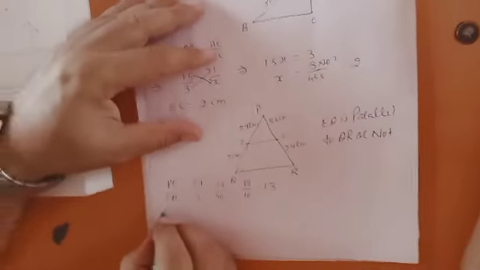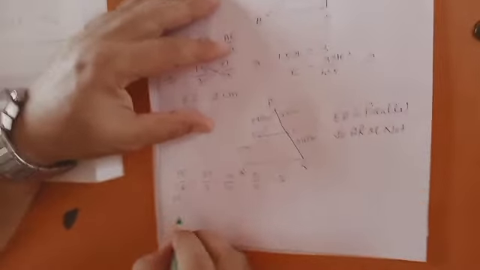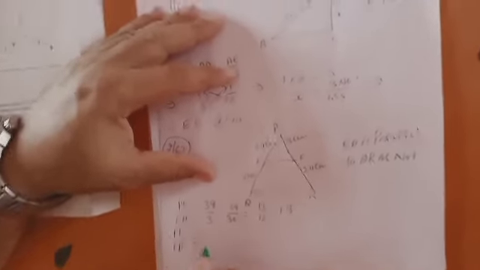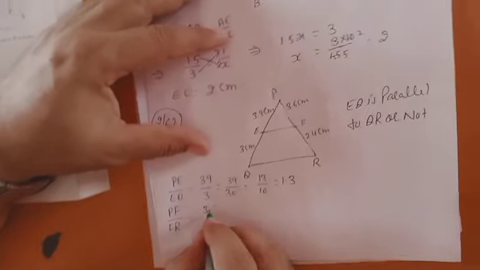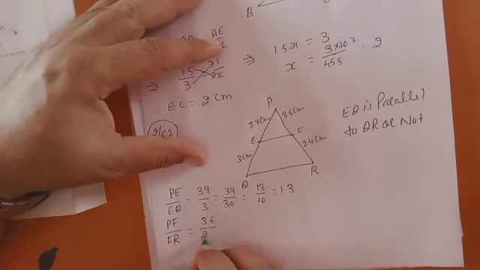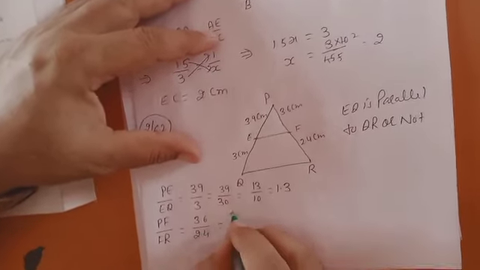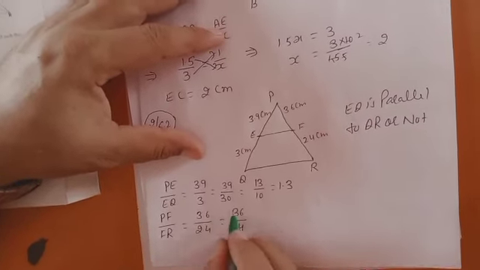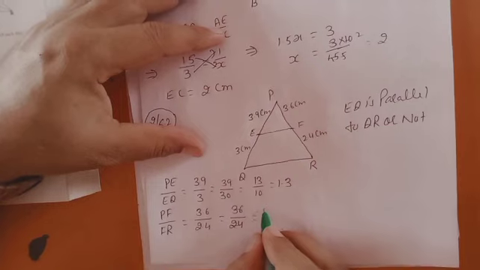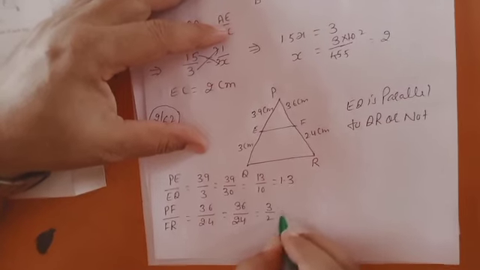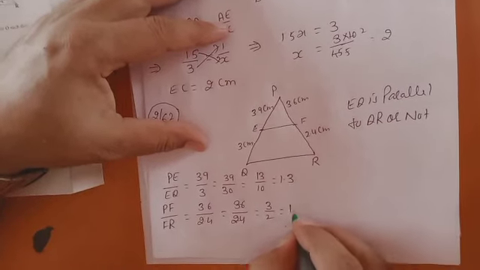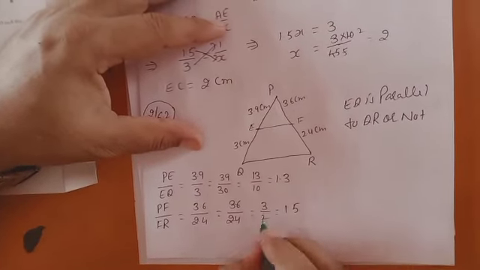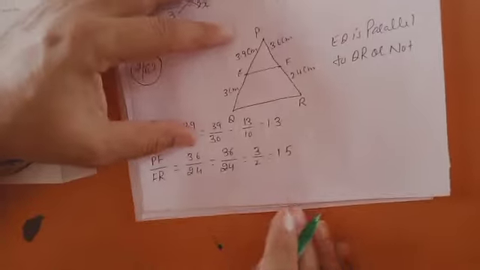Now find out PF by FR. What is that? PF is 3.6 centimeter, this is 2.4 centimeter. So this becomes 36 and this becomes 24. So how much? 3 by 2, which is equal to what? 1.5. Yes or no? If you divide 3 by 2, what's coming? 1.5.